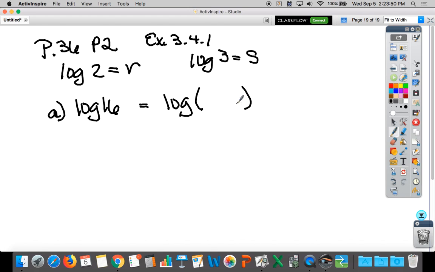2 to the 4th. So would 2 to the 4th be the same thing as 16? All I'm doing here is making sure that this and this are equivalent. So I have a power property here, so I'm going to bring the 4 down, and that gives me 4 log 2.